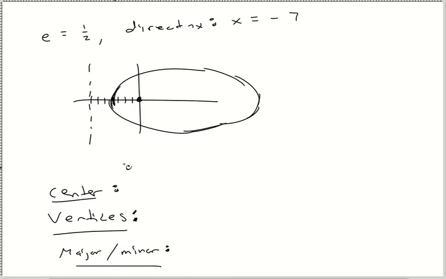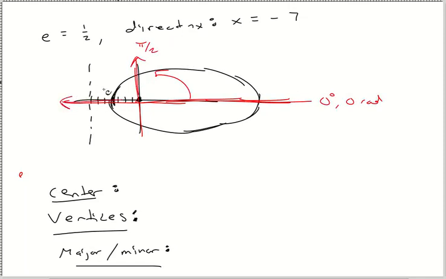To do this, we need to plug in polar values for theta. That's going to be the big thing. I'm going to redo this kind of like a unit circle right now. This right here is 0 degrees, or 0 radians. As you keep ticking up, you're going to get pi over 2, 90 degrees.